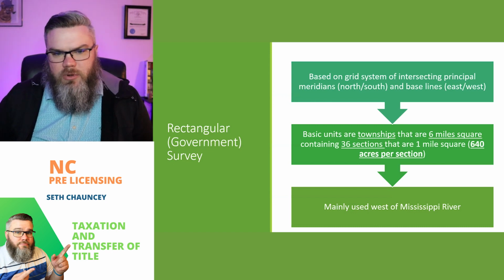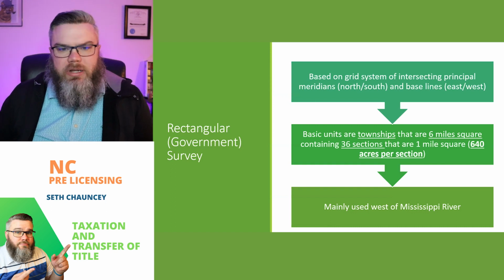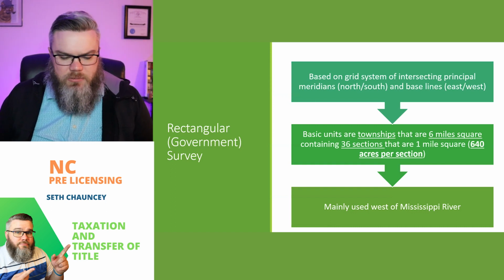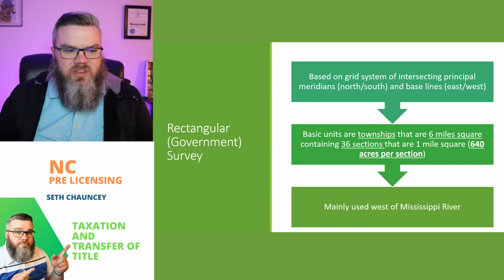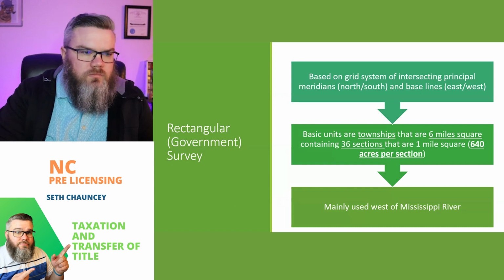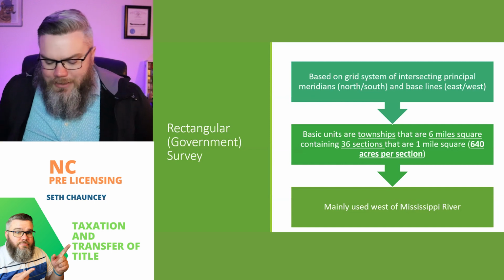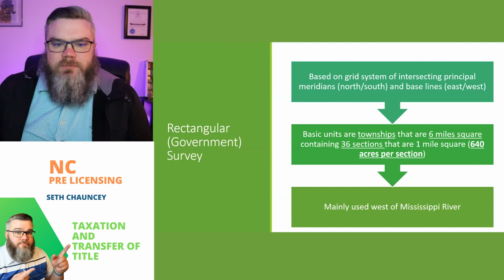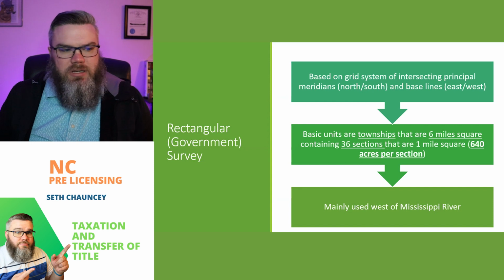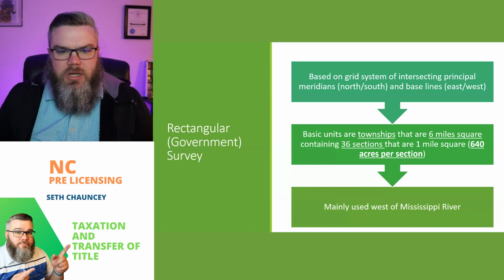Okay, that is testable information. It is based on principal meridians and baselines, and this is mainly used west of the Mississippi. We're not going to go too crazy into this because hopefully it's not going to be something that really becomes the bane of your existence on the test.